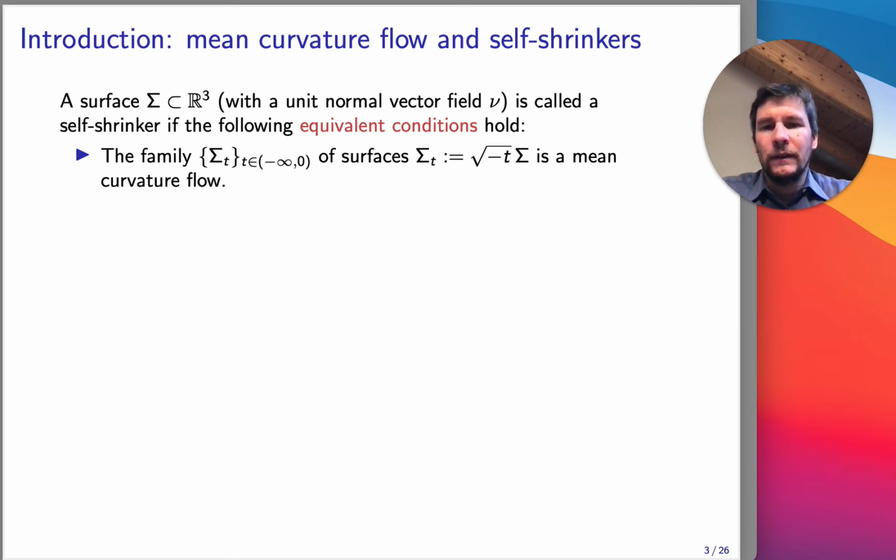Or in other words, if we scale sigma by multiplying with square root of minus t, then we get a mean curvature flow.